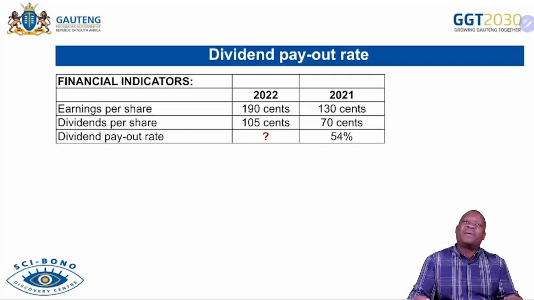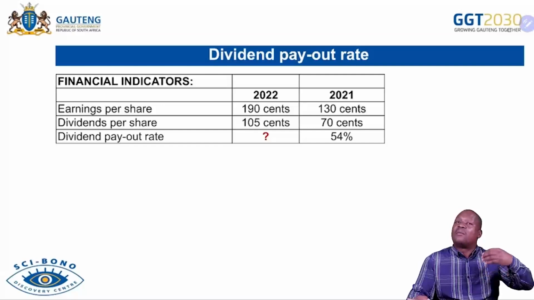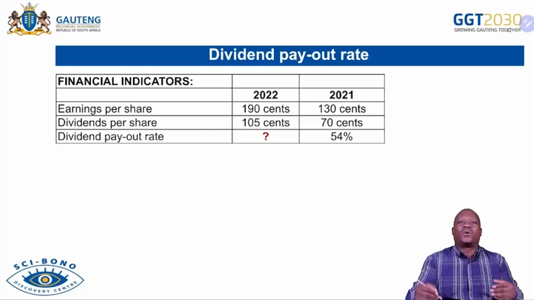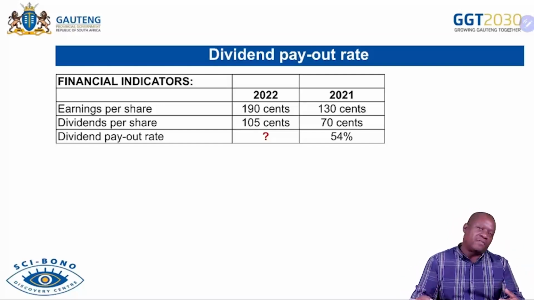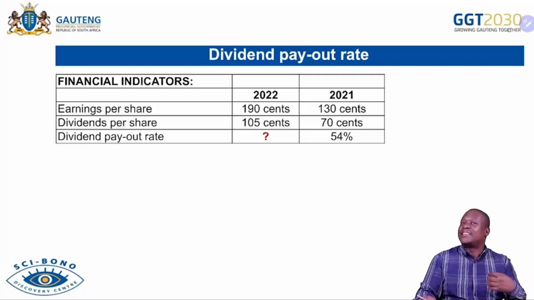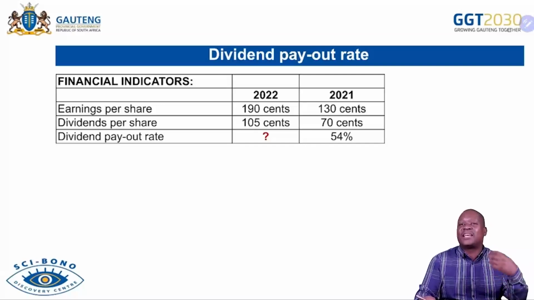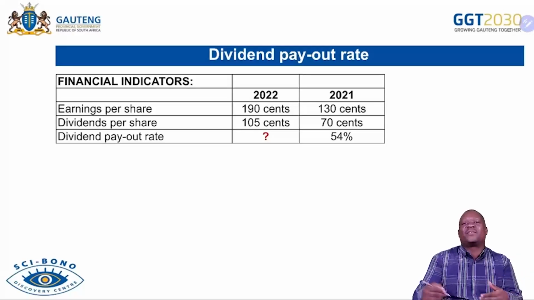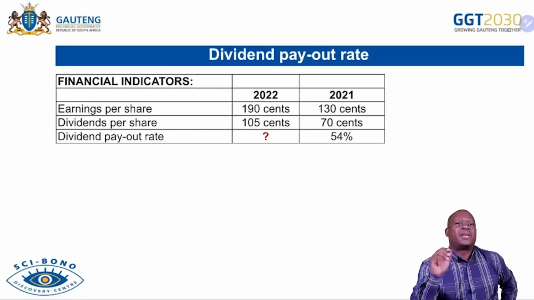Now, the business may decide to give more of that to shareholders. So maybe they can give 90%. In other words, we are saying the business is giving 90% of the earnings to the shareholders. What does that mean now?